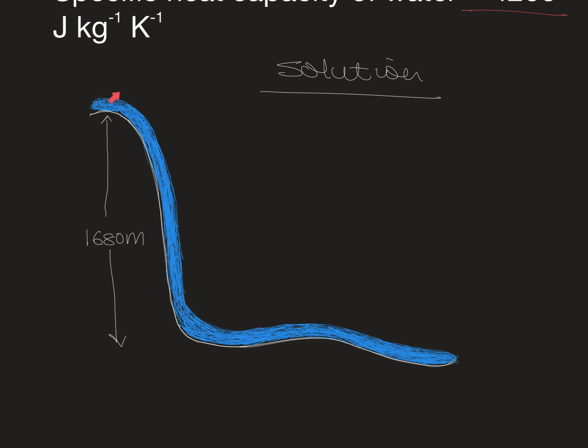The quantity of water that is at this position is having potential energy. But when it is allowed to fall down, it builds up kinetic energy, and it is that kinetic energy that will be converted to heat energy.